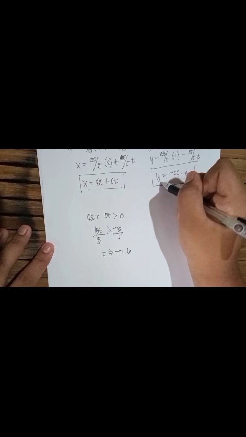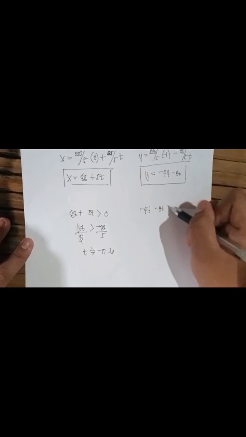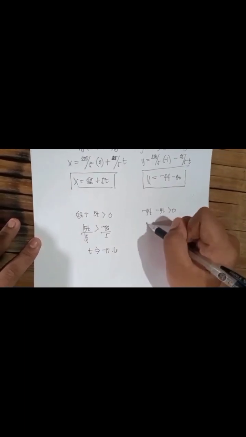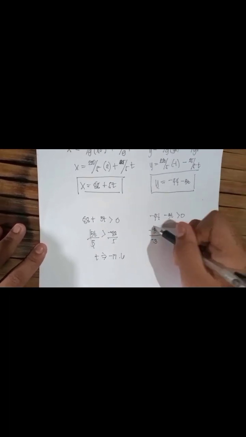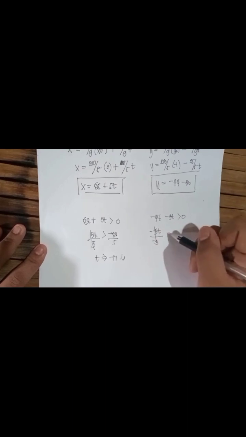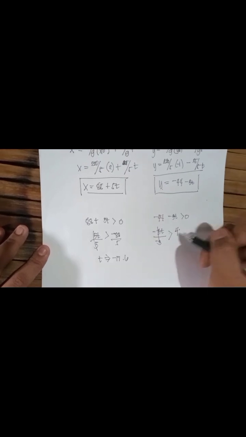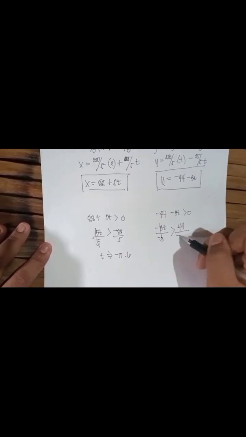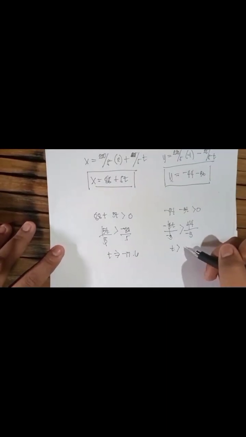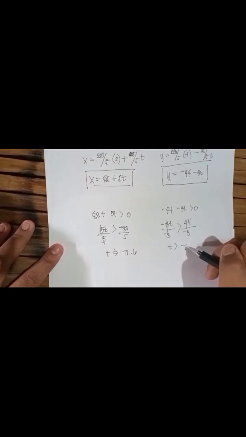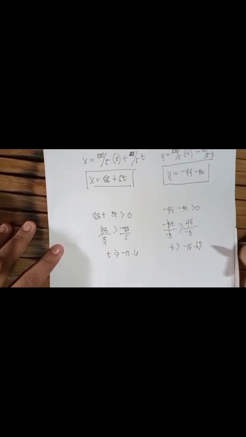Next is for y, which is negative 44 minus 3t is greater than or equal to 0. Divide by negative 3 to cancel the 3. When we transfer this negative 44 it becomes positive 44 over negative 3, and t is less than or equal to negative 14.67.